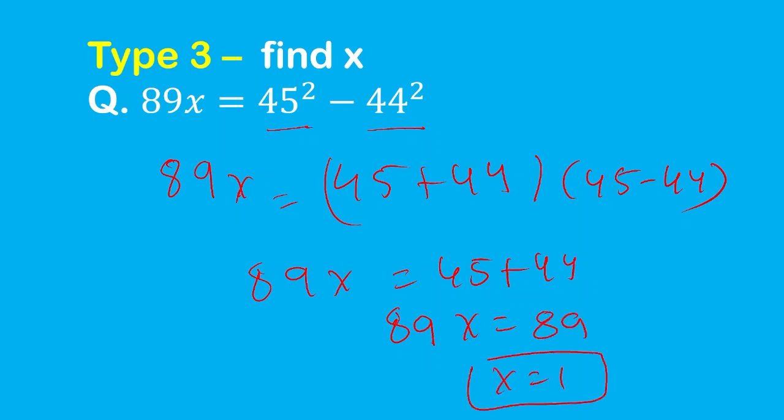And there we go. We did not calculate, we did not do any multiplication here. We did not do 45 into 45, we did not do 44 into 44, we did absolutely no multiplication. We solved it so easily that we can even solve it in our mind if we wanted to.